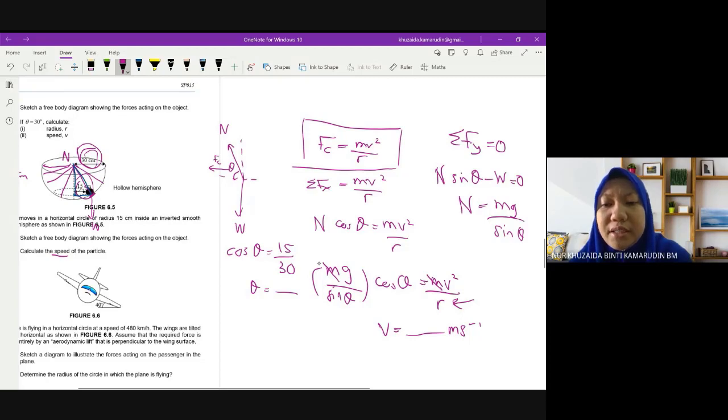R this one adalah radius of the circular motion, the circular motion of the ball dekat sini. So we have to use the radius of the circular motion, bukan radius of the hemisphere. Okay, jelas.